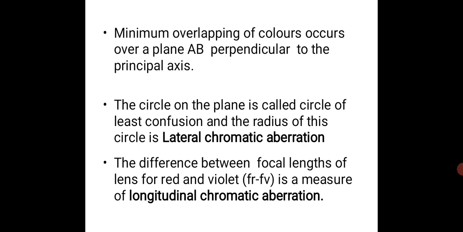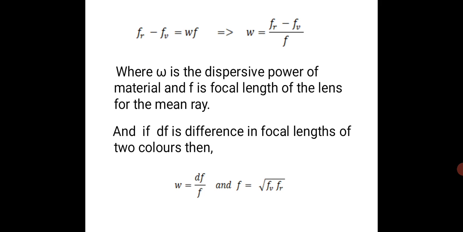That is, the difference between the focal lengths of a lens for red and violet is a measure of longitudinal chromatic aberration. In the form of an equation, Fr minus Fv is equal to omega F, or omega is equal to (Fr minus Fv) divided by F, where omega is the dispersive power of the material and F is the focal length of the lens for a mean ray.